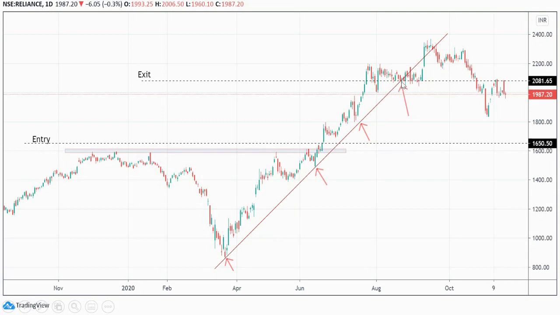And then once you exit on this red candle, the closing price was around 2080. So this is a 400 rupees profit, or you can say 20 to 23% profit. This is in a period of a similar 3 months. So 3 months, 20 to 23% profit with a simple trend line.